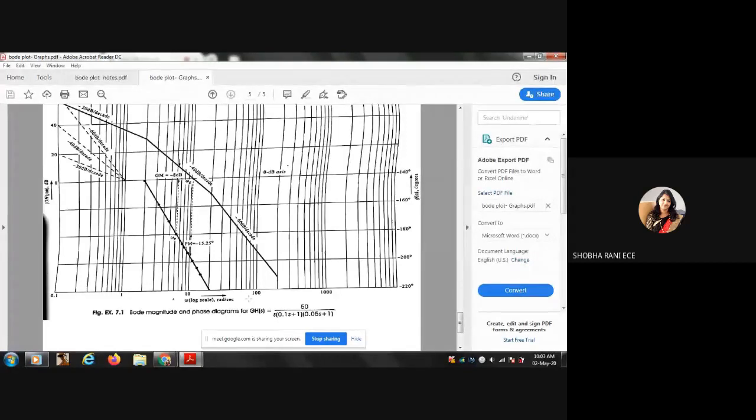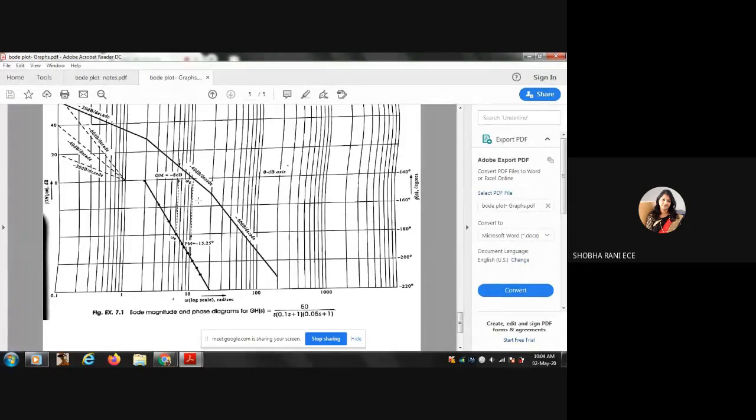One is the gain crossover frequency, that is omega g. Next, the phase crossover frequency, that is omega p, omega subscript p. Then you have the gain margin, and then the phase margin. So you have four different factors which you are supposed to find out from the Bode plot. In the exam, after you have sketched the plot, you have to write what is omega g, omega p, gain margin, and phase margin.